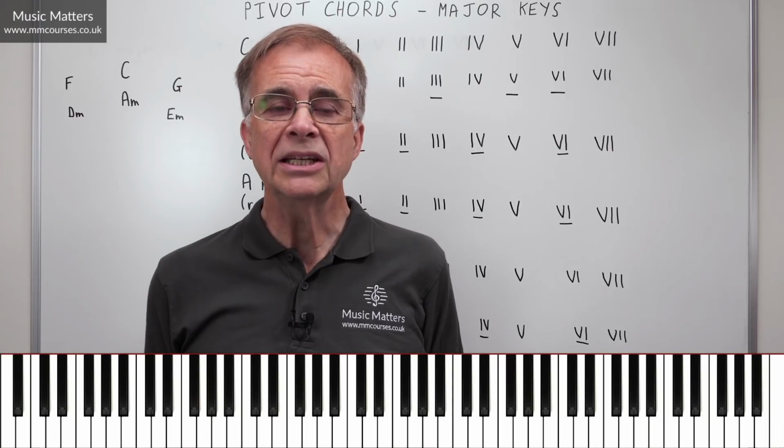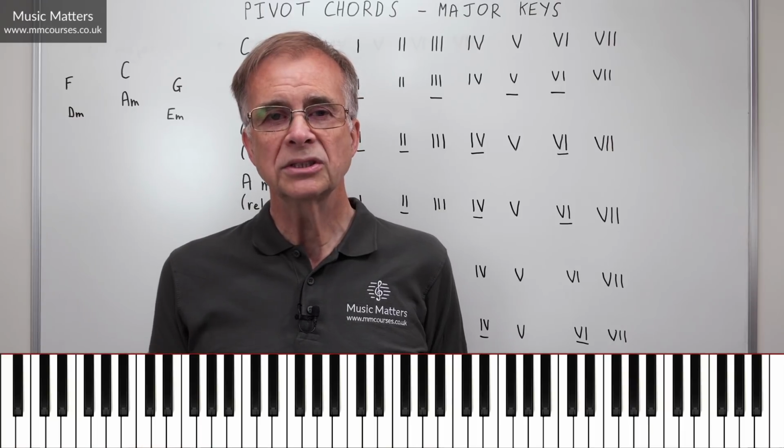So what is a pivot chord then? A pivot chord is a chord that's common to two keys. So in other words, it's a chord that belongs to the key you're leaving and also belongs to the key that you're joining.